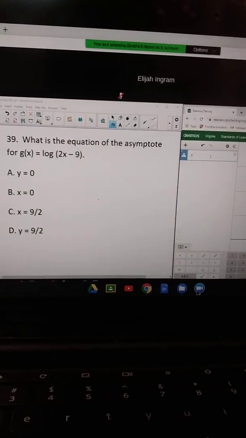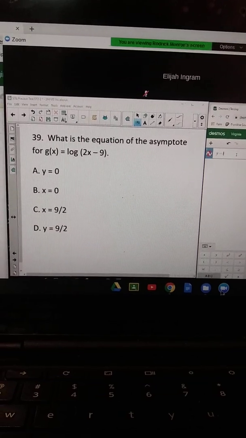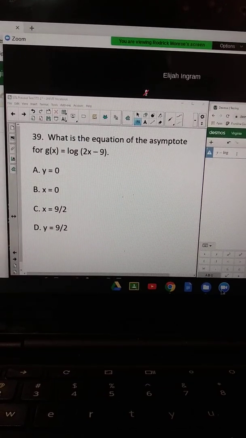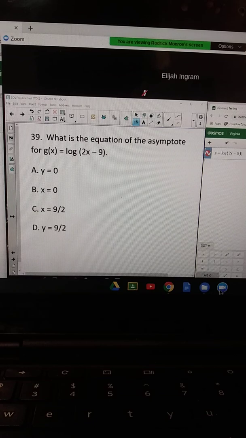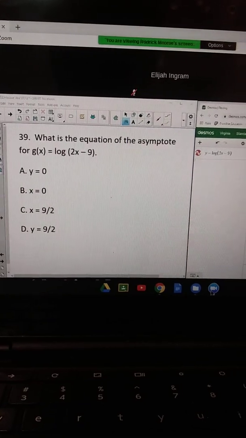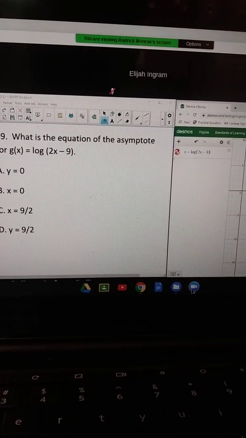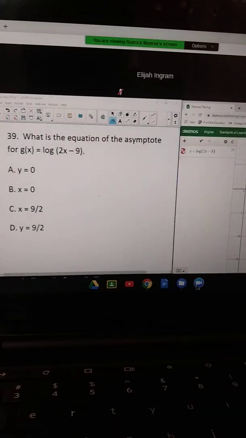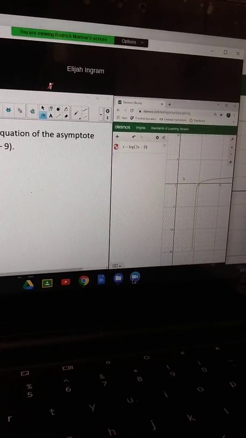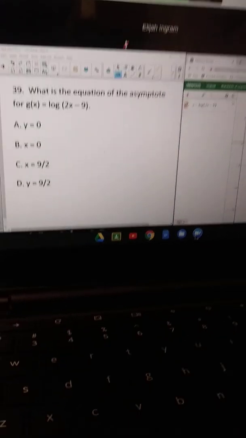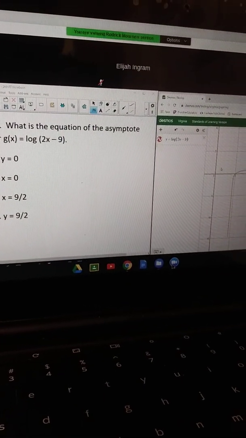This is what we call an asymptote. So we do log of 2x minus 9. So looking at the graph, when we talk about an asymptote, that's how you pronounce the word. An asymptote is where the line, how can I say it, stops the line from going.